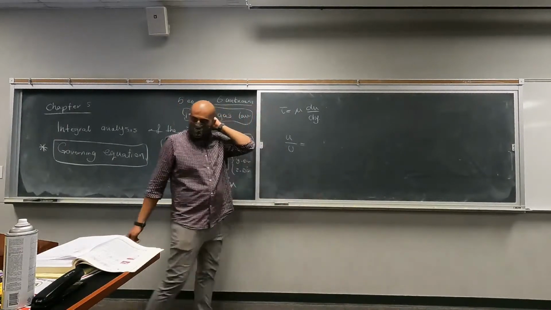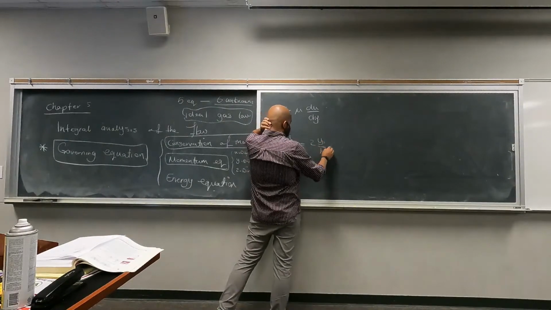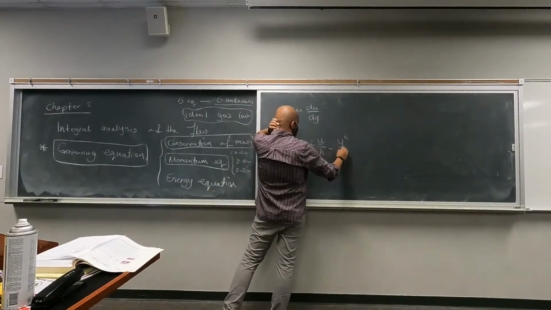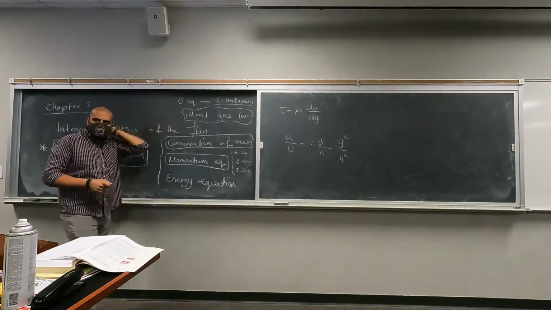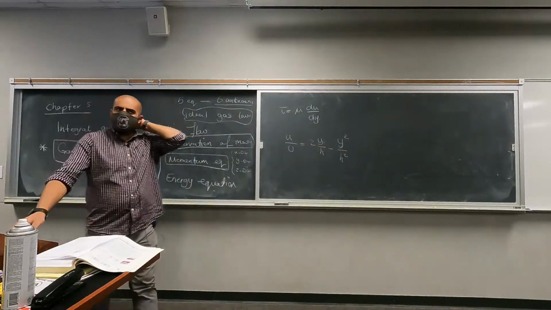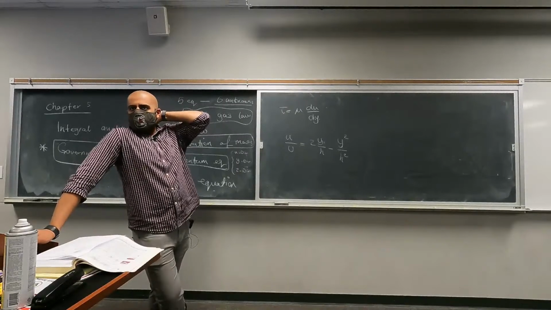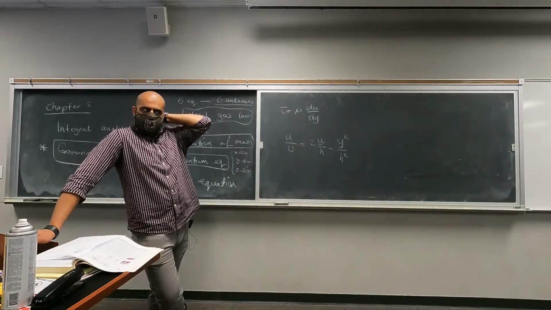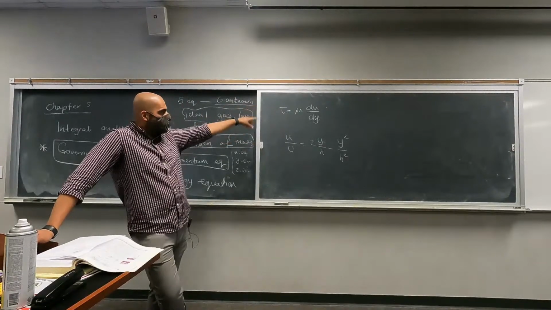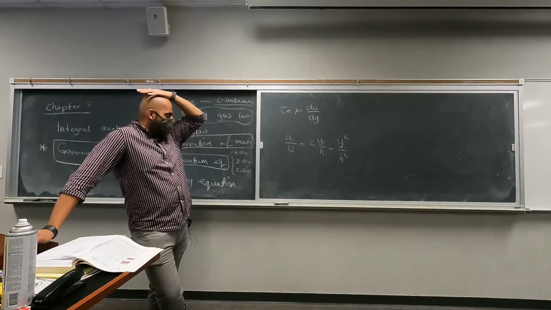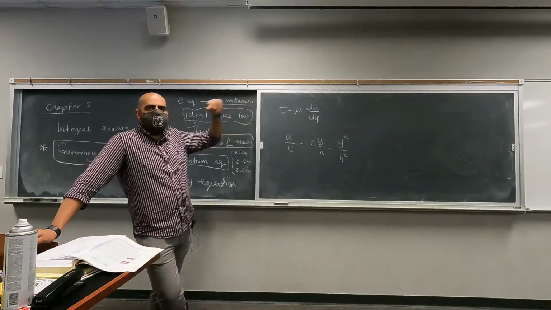What was the function? 2yh minus y squared divided by h squared. Do we have any ideas? Why there were a lot of you, not just some of you, who couldn't make this connection, who couldn't see that the only thing you really need to do is to take the derivative of this velocity function.